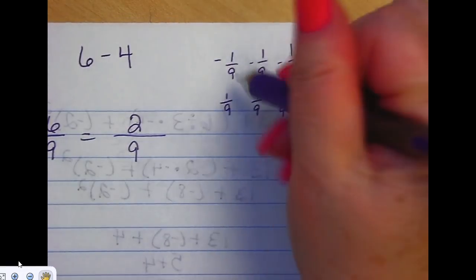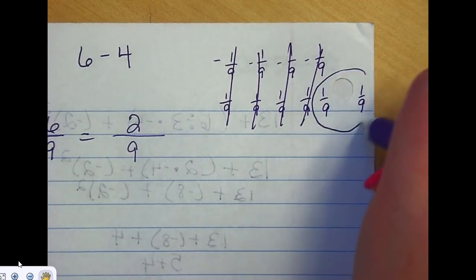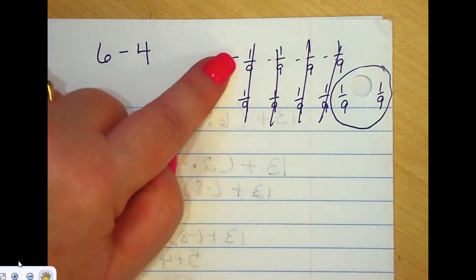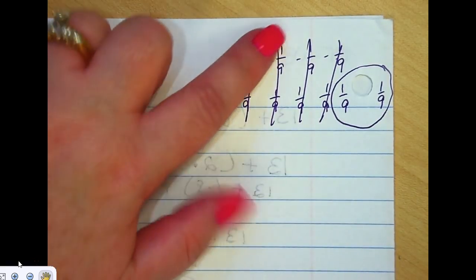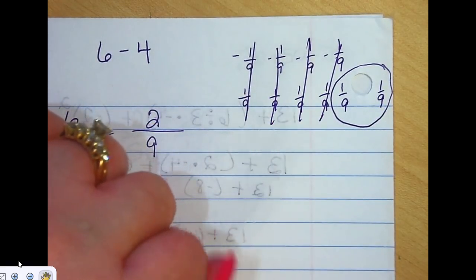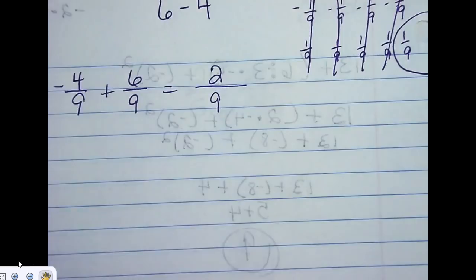Cross off 4 pairs. And what are you left with? 2/9 that are positive. Does that make sense? 4 negative 1/9. 6 positive 1/9. Everybody okay with that? Okay. 6.